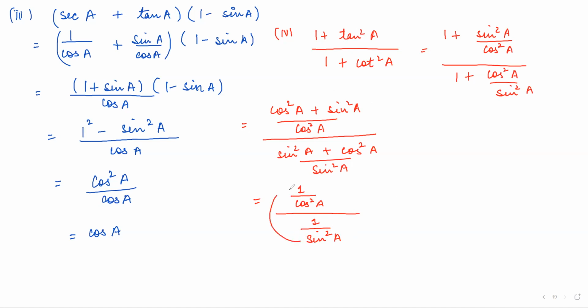So obviously this one multiplies here and this one multiplies here. So that becomes sine square A into 1, or cos square A into 1, right? So sine square A upon cos square A. Now what is sine upon cos? That is tan. So that becomes tan square A. So D is the correct option here.